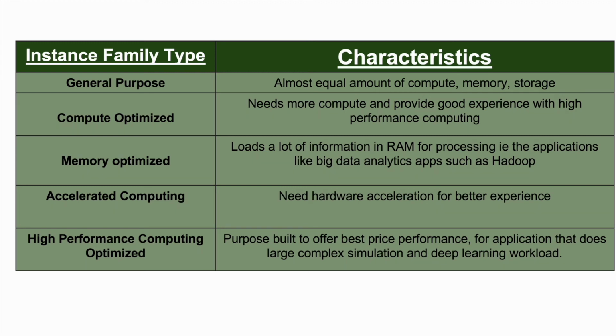Accelerated computing is if you need hardware level speed for your applications. And the final one, high performance compute optimized, is purpose built to offer the best price performance for applications that have large complex simulations and learning workloads.